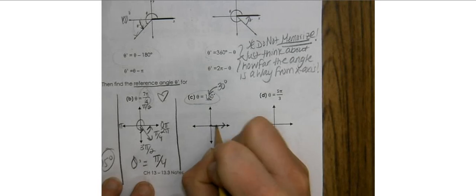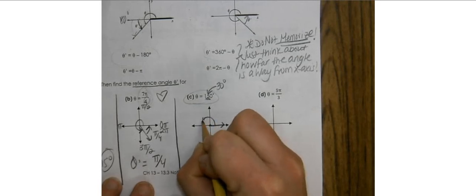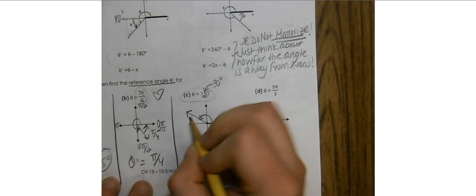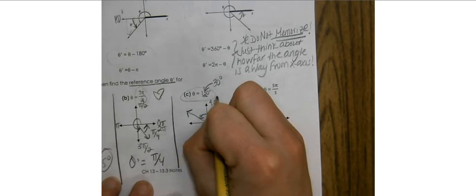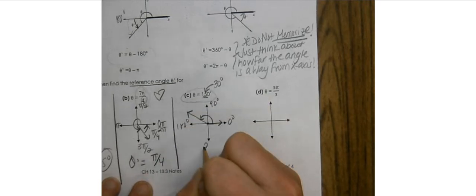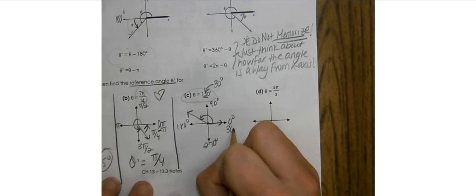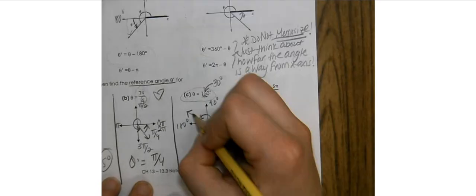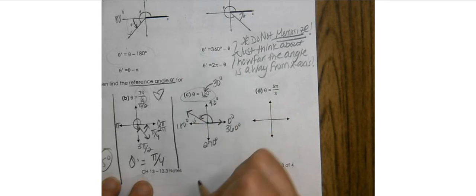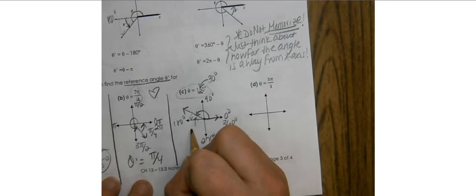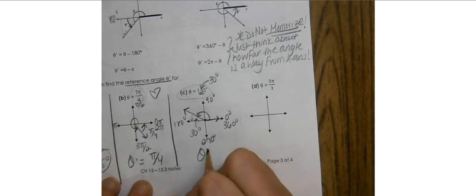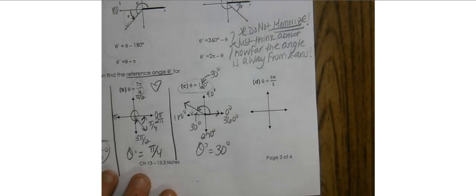I'm going to draw my picture of 150 degrees. This is 0 degrees, 90 degrees, 180 degrees, 270 degrees, and 360 degrees. How many more degrees do I need to travel before I reach 180? Well, that is going to be 30 degrees. So my reference angle is going to equal 30 degrees. That's how many more degrees I have to travel before I reach the x-axis.